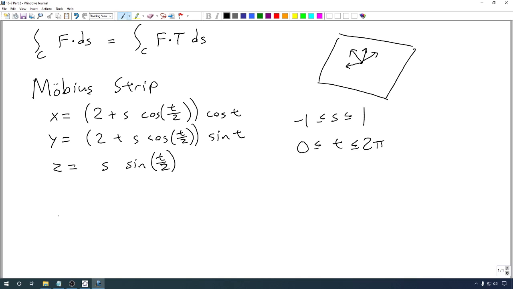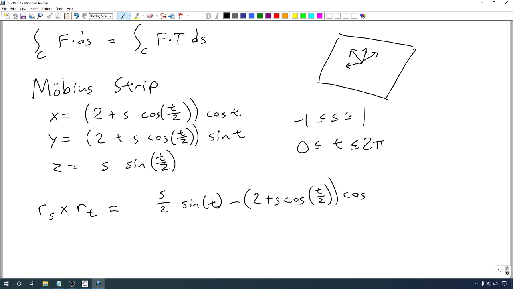I'm not going to go through all the steps here, but if we take the derivatives of these with respect to s and t and take the cross product, we get r sub s crossed with r sub t is equal to some pretty complicated thing. Let me write it out here. We have s over 2 sine t minus 2 plus s cosine of t over 2 times cosine of t times sine of t over 2.